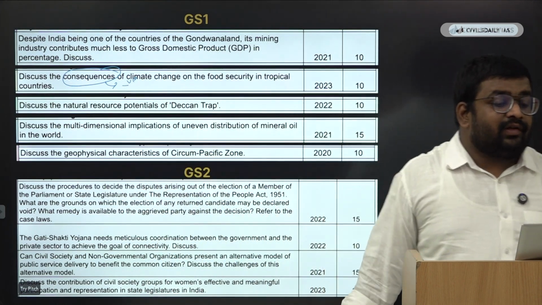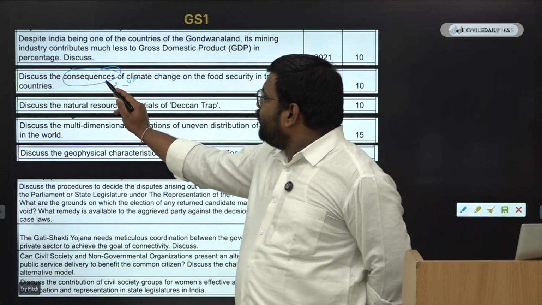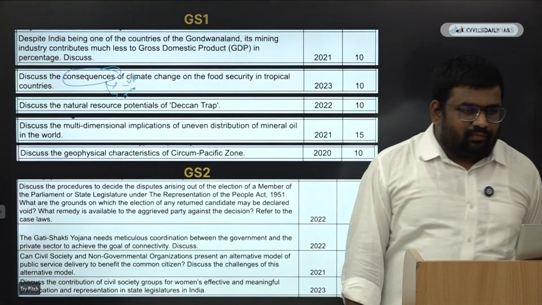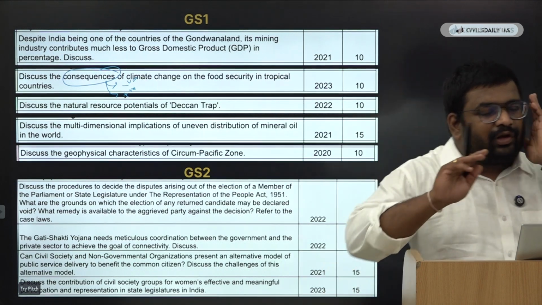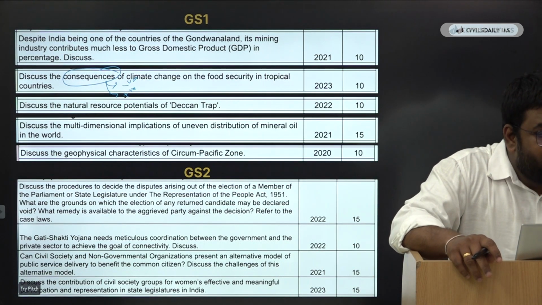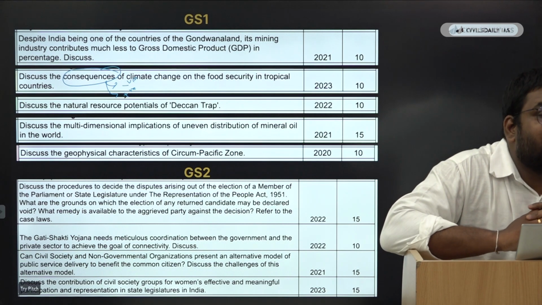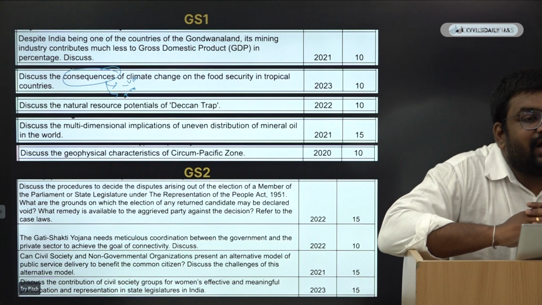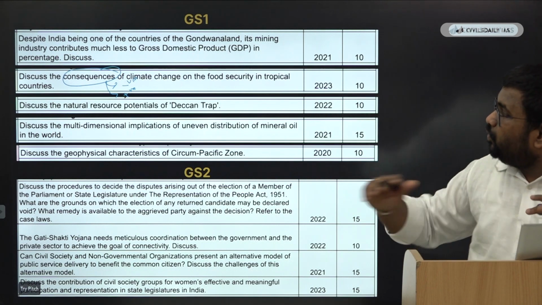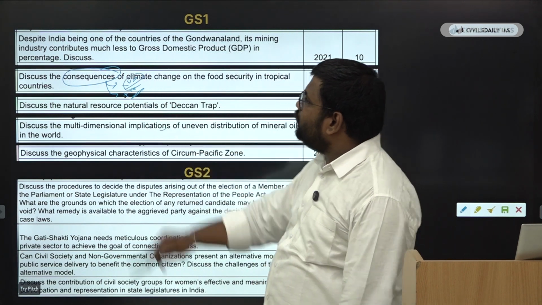So 70% of your weightage will go to the negative consequences, but there can be some positive consequences. It will be lesser compared to the negative consequences, but there can be some. For example, the desert area can receive higher rainfall, and that can result in cropping in those areas. So 1 or 2 points you can give on the positive side as a counter argument, but 70% will be on the negative.